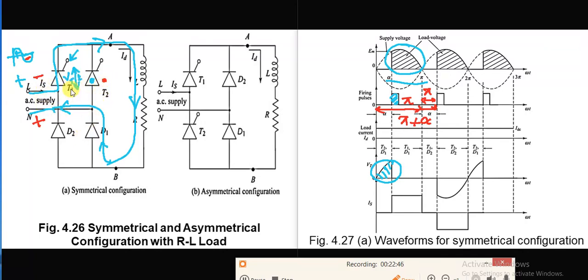Okay. So during the negative half cycle, this SCR T1 is reverse biased. Subsequently, diode D1 is reverse biased.